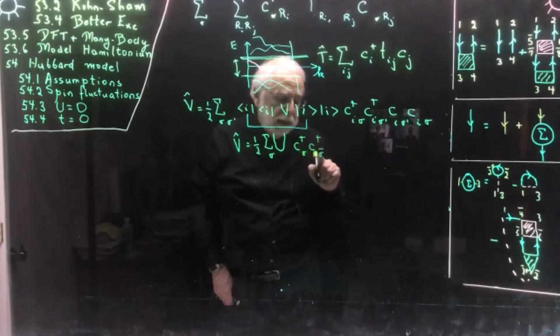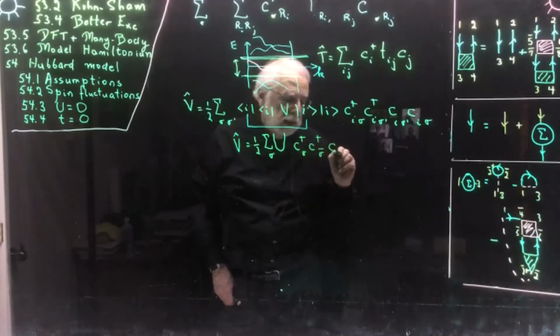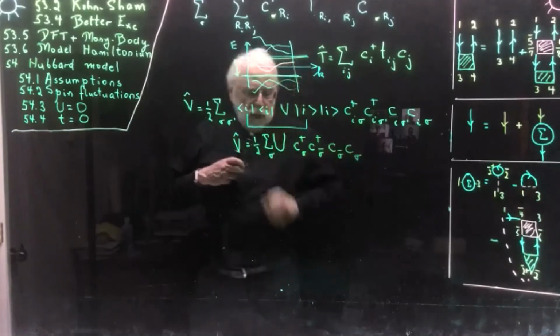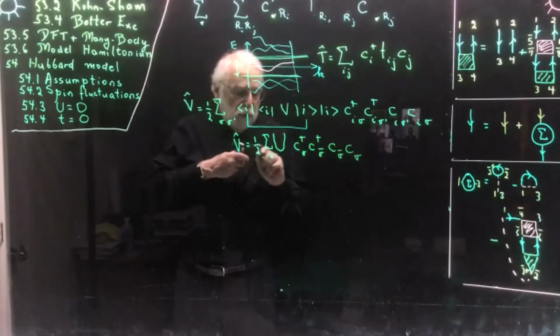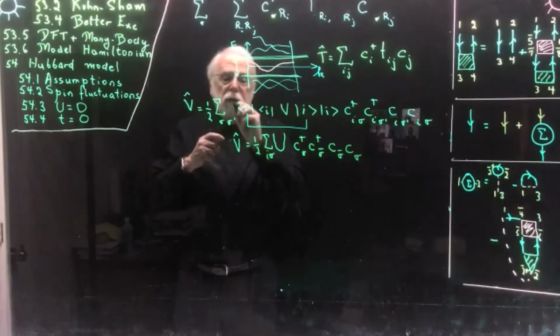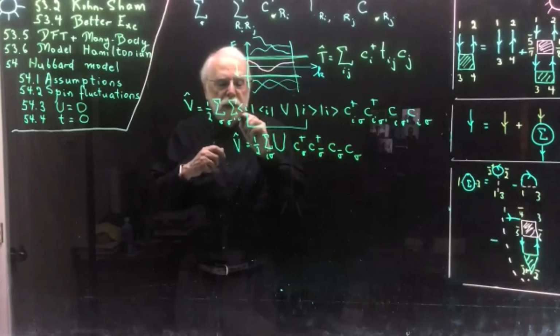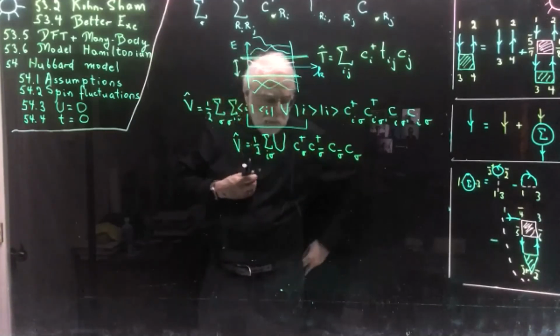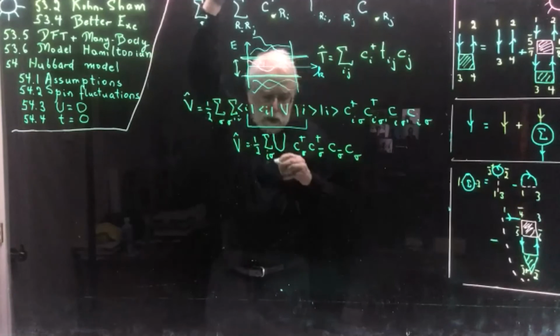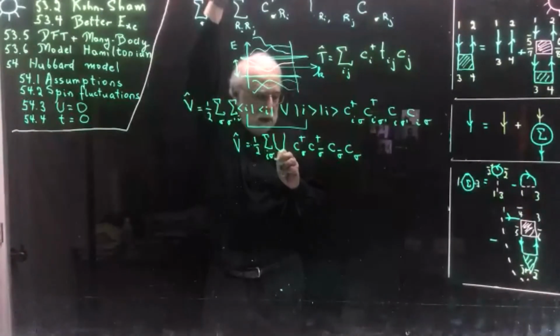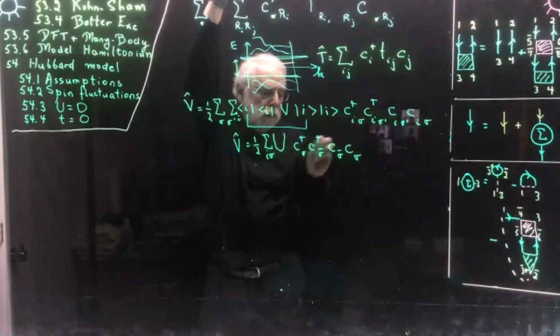So if this is up, this is down, and vice versa. c sigma bar, c sigma. Then I have the sum over all sites. I forgot here, I had the sum over i j k l, and now I'm left with just the sum over i. So now the two terms are equal, right?